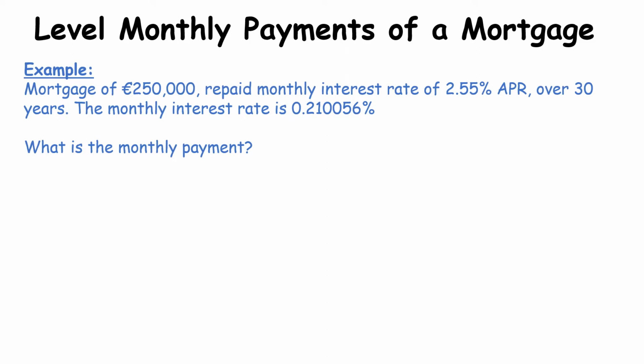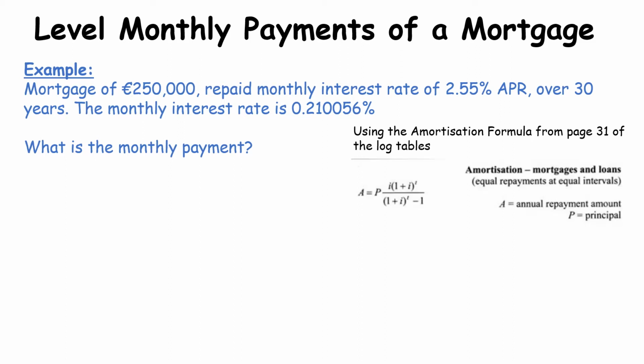So then we have this interest rate. What will be the monthly payment? We're going to use that amortization formula from page 31 of our log tables. So let's give this a go. We have the loan itself, which in this case is a mortgage, of 250,000.